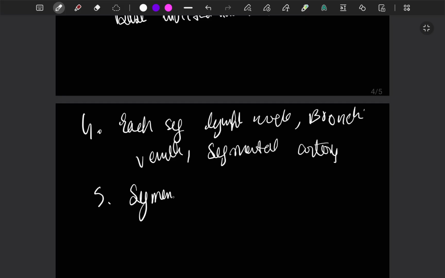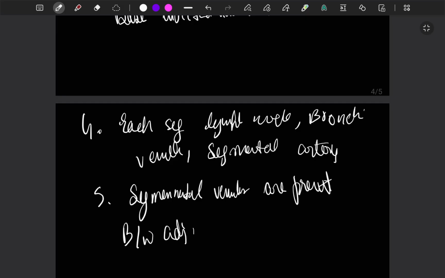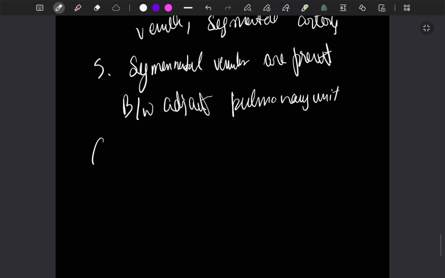Segmental venules are present between adjacent pulmonary units of the bronchopulmonary segment.